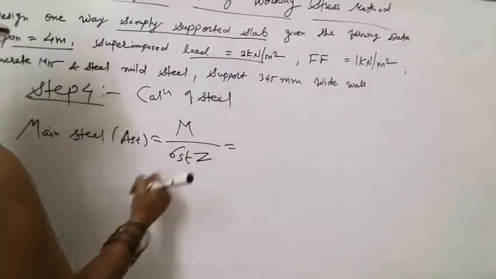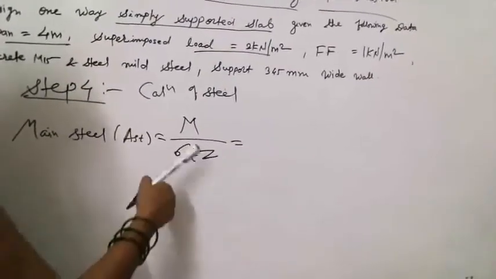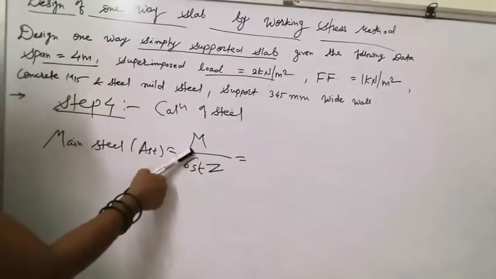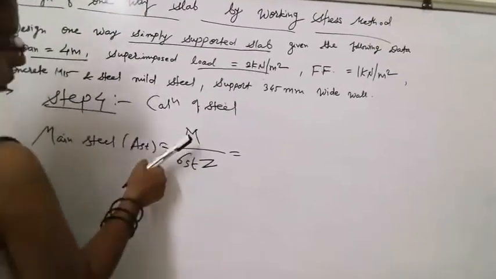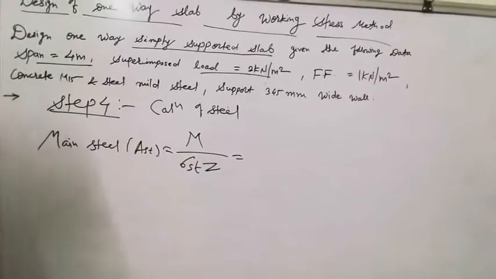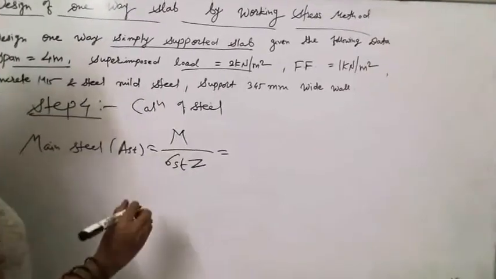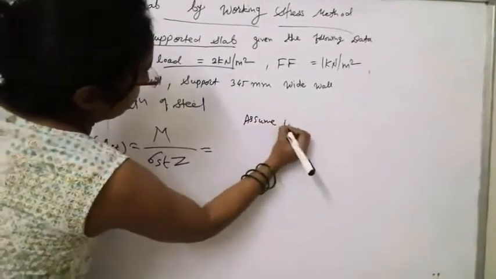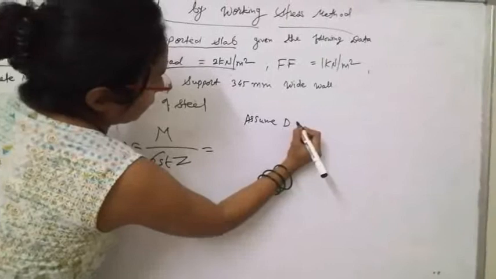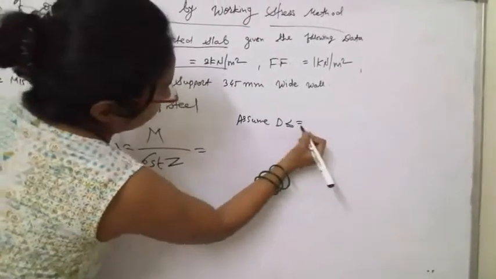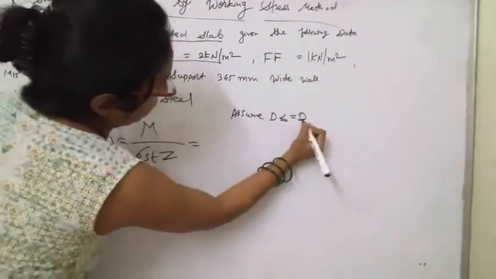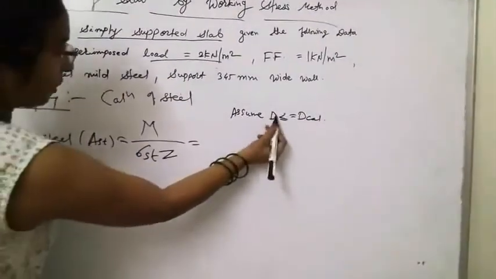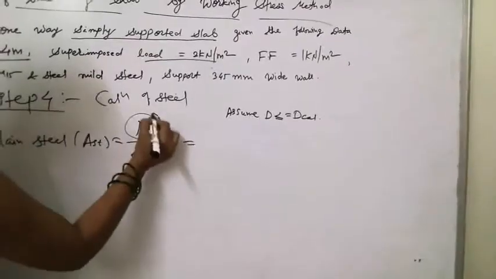The value of M is, we had already found two values for bending moment. What value are we supposed to use? The corrected value, where our assumed depth is less than or equal to our calculated depth. That value we have to use as our bending moment.